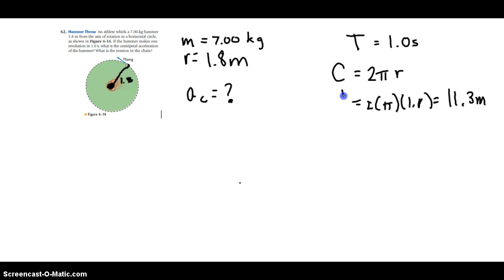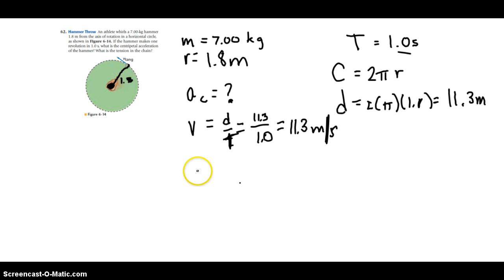And since it's going a distance of 11.3 meters in 1 second, that means my velocity is going to be 11.3 over 1.0. I should make this a capital T, which is 11.3 meters per second.